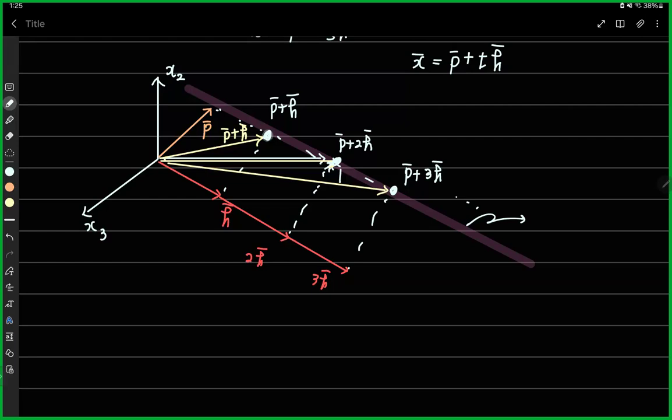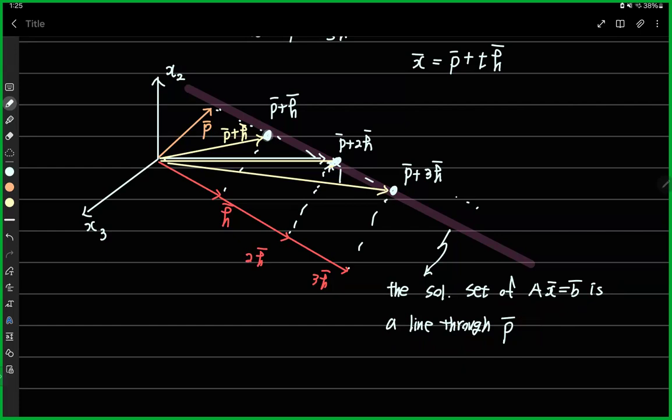So the solution set of Ax = b is a line through p, the particular solution, and parallel to the solution set of the homogeneous system.